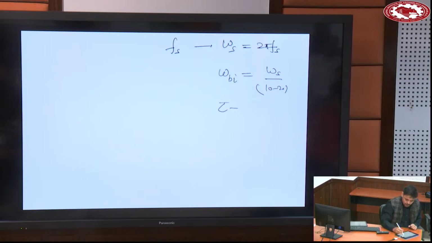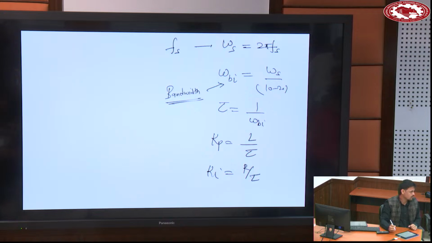And then tau will be 1 upon omega bi. Actually, omega bi is the current controller bandwidth, which will decide the speed. So Kp will be L upon tau, Ki will be R upon tau.